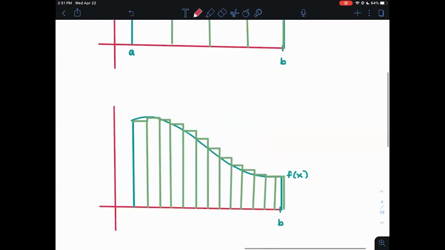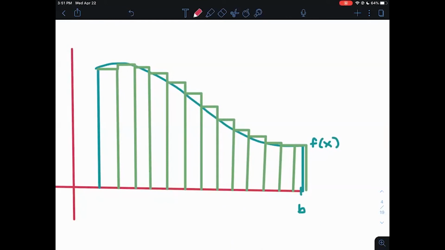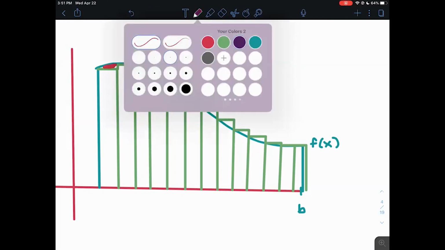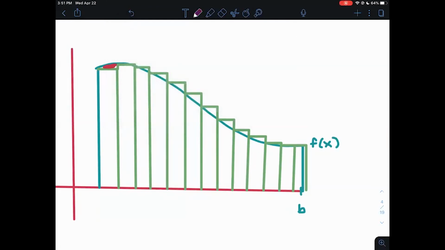If I make more rectangles, physically look at how our error isn't as great. I'm just missing this little part here. And then this is not perfect, but I have some extra here. In the least mathematical words that I can use right now, I have less extra than I had above.